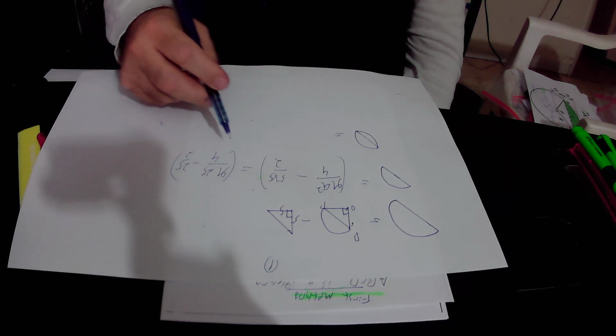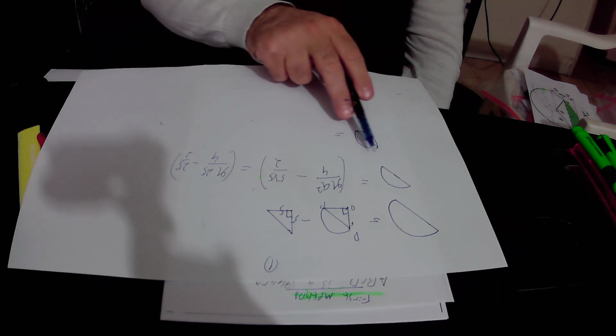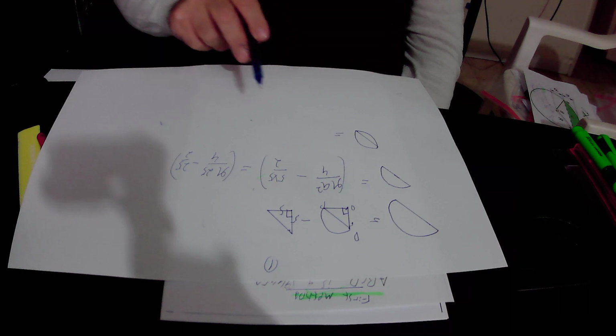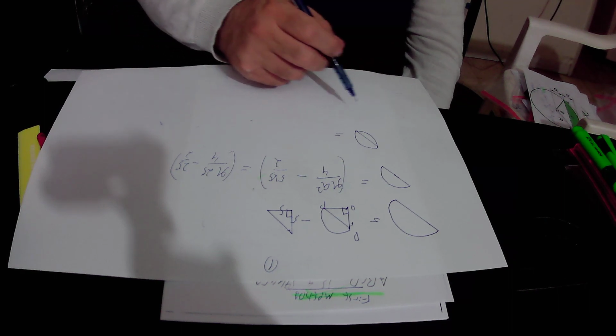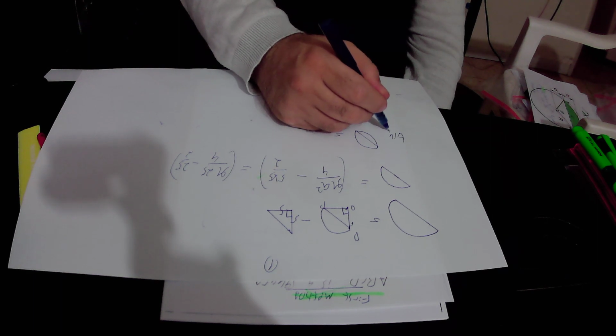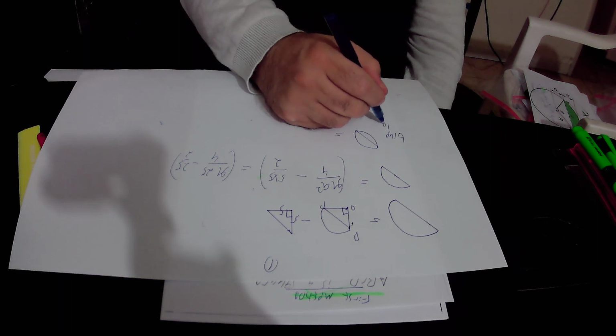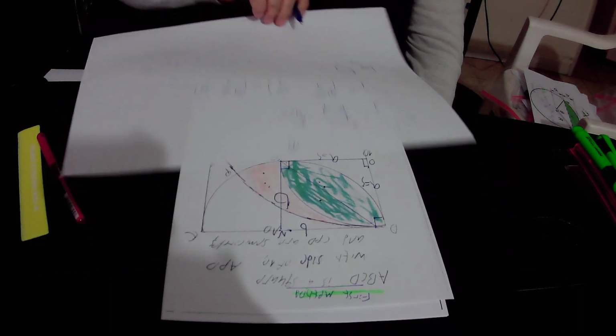Now we multiply the area of this circular segment by 2, and we'll get the area of the blue lens. This is the blue lens.